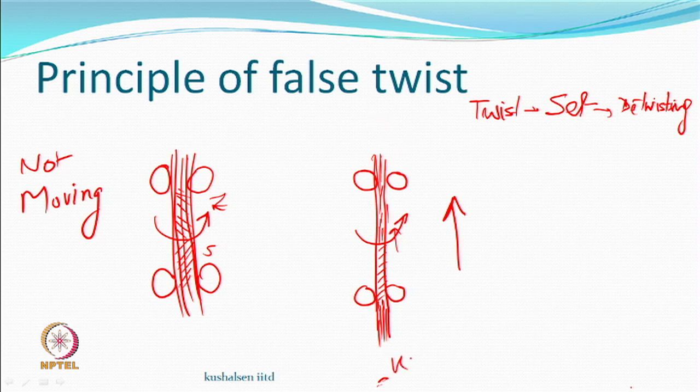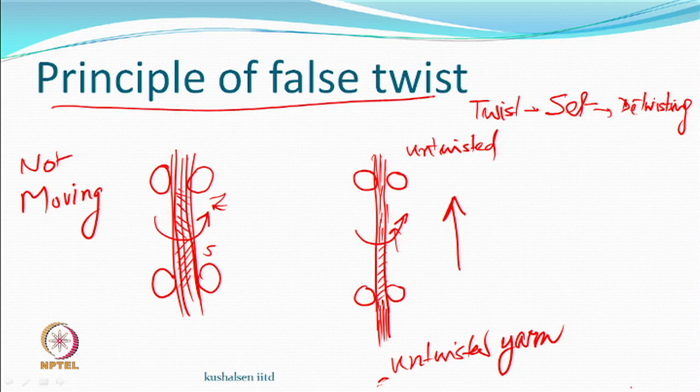So, you start with an untwisted yarn, and finish with an untwisted yarn. This is the principle of the false twist machine.